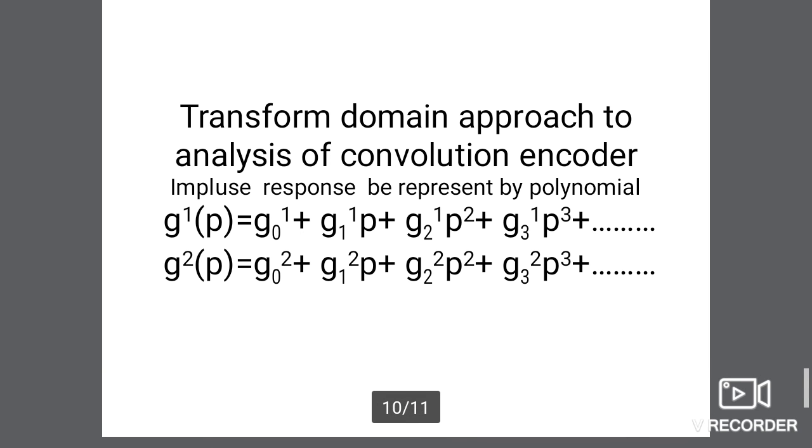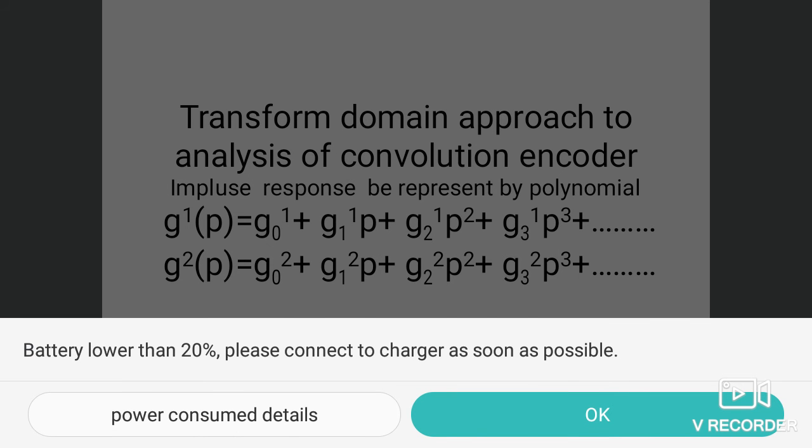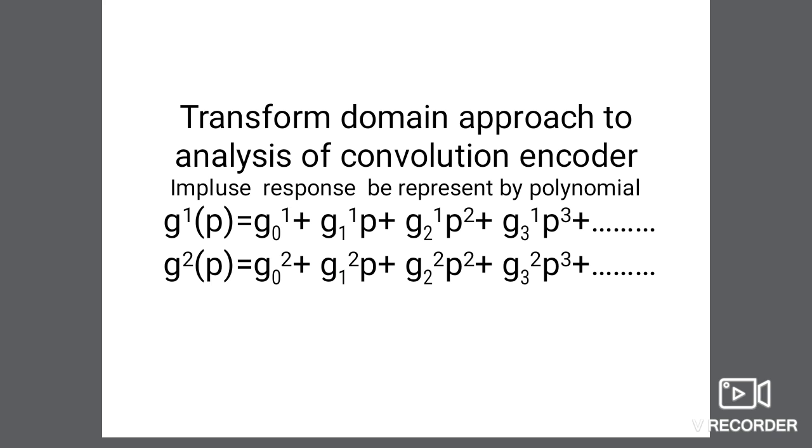Now the transform domain analysis of the convolution encoder. The impulse response is represented by a polynomial, and g1(p) is the polynomial g0(1) plus g1(1) multiplied by p plus g2(1) p square, and it goes up to g_m(1) p power m. Again, the generator polynomial g2(p) is g0(2) plus g1(2) multiplied by p plus g2(2) p square and so on up to g_m(2) p power m.